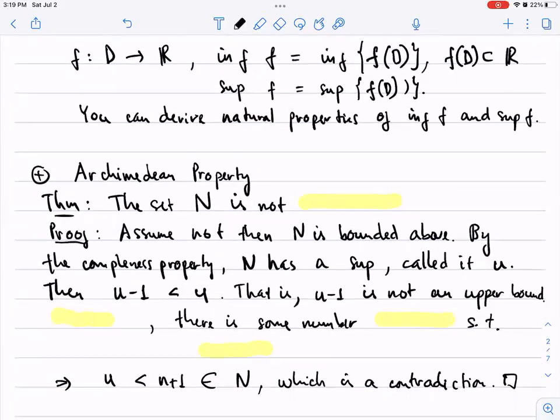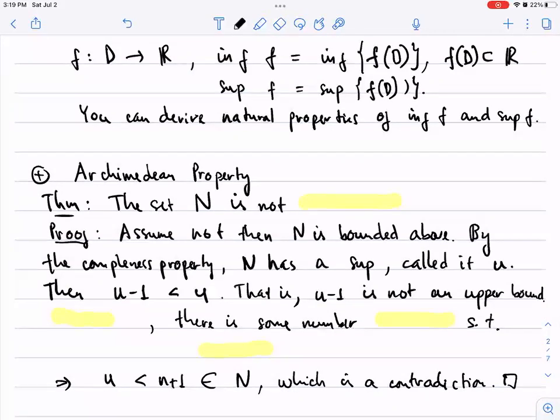Now, the next application of the completeness property is called the Archimedean property, and this is actually a very, very important statement that you're gonna see again and again in this class.